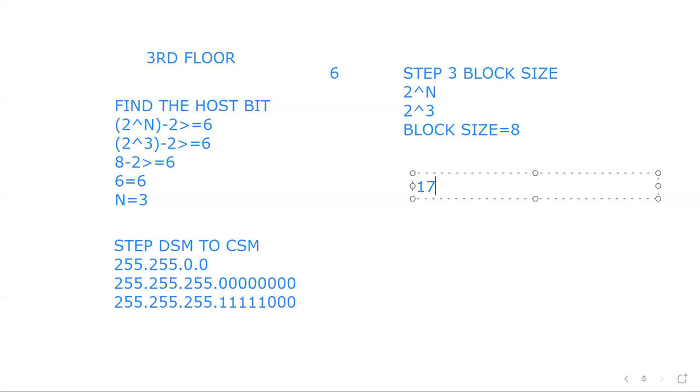After this, assign the values. 172.17.0.110, right? Our last value. So our network IP is 110.